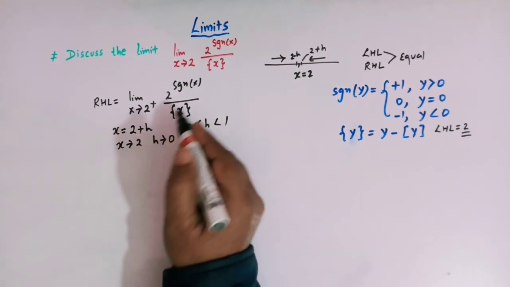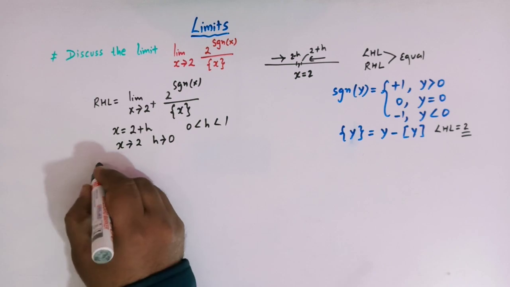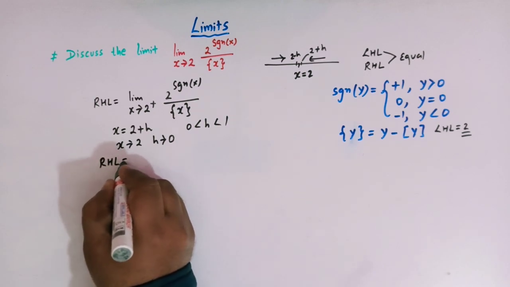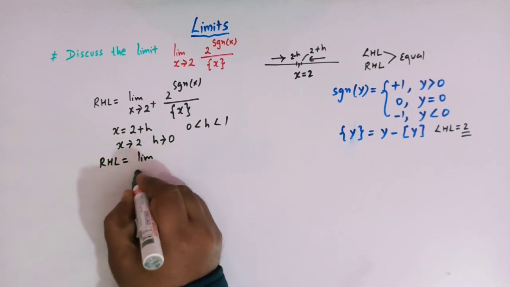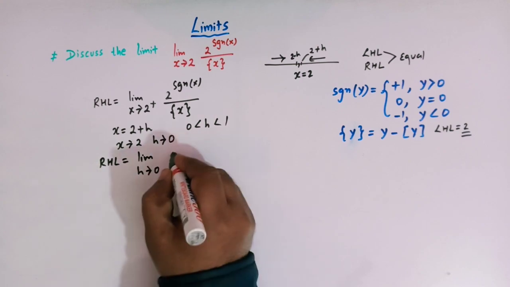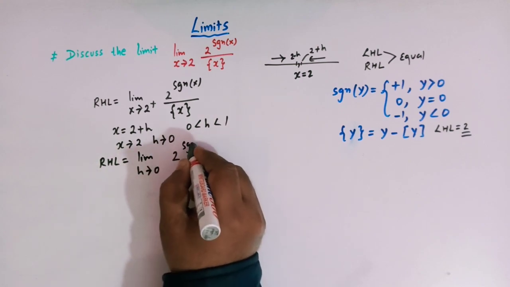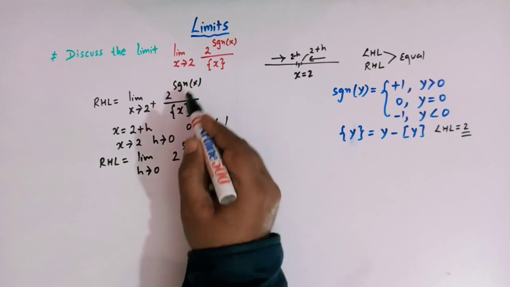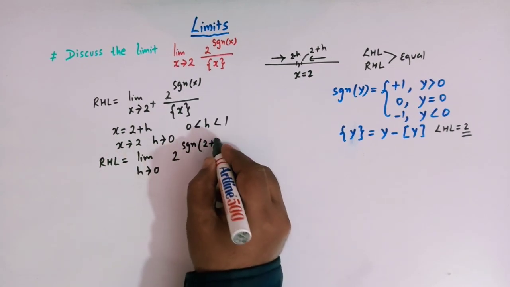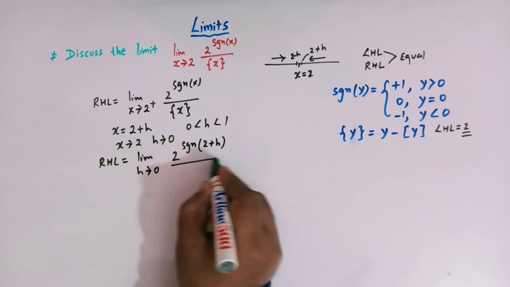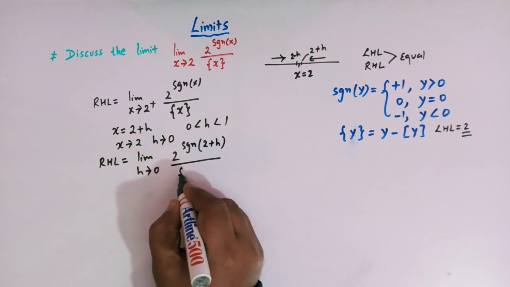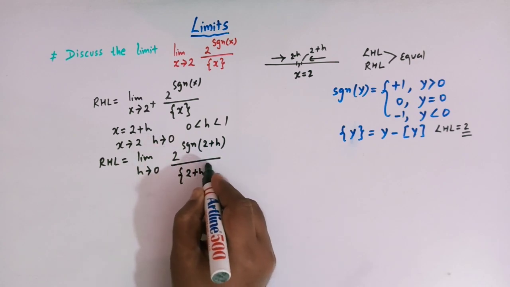So now we can rewrite this limit in terms of h. We can write limit h tends to 0, and we have 2 raised to signum of, in this case x is 2 plus h, so here we can write 2 plus h, right? And in the denominator we have fractional part of 2 plus h.